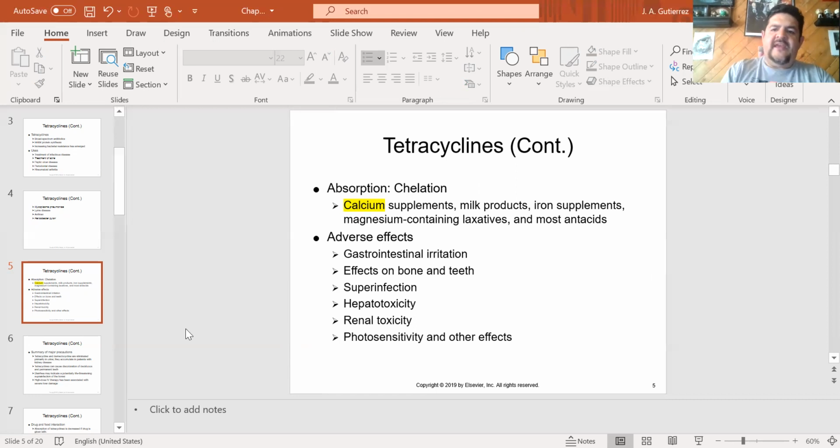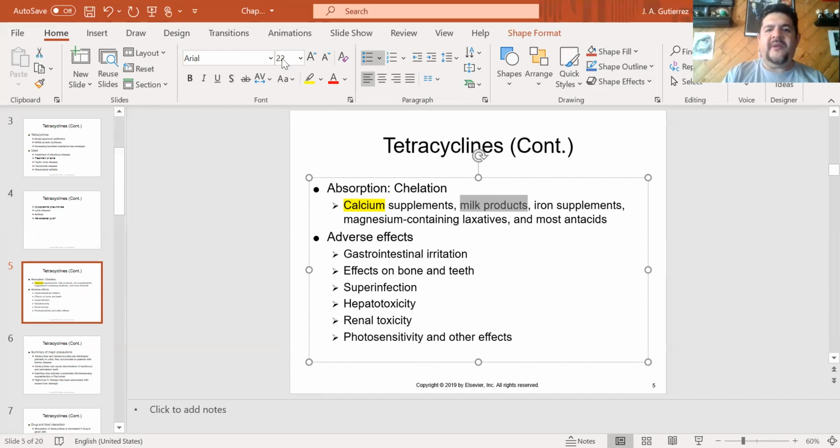And this is where you need to say, just make sure you don't mix it with dairy products, not just milk. Don't mix it with other minerals like magnesium, aluminum, calcium, Tums, iron. So basically, just to be on the safe side, tetracyclines cannot be taken with other minerals at the same time.